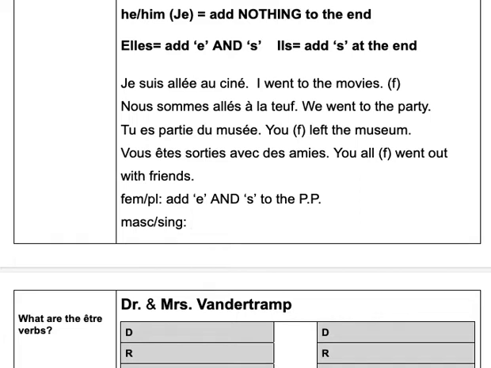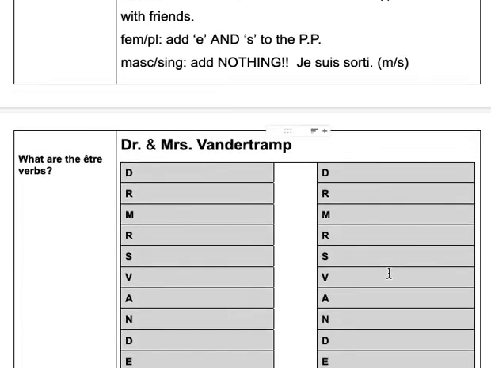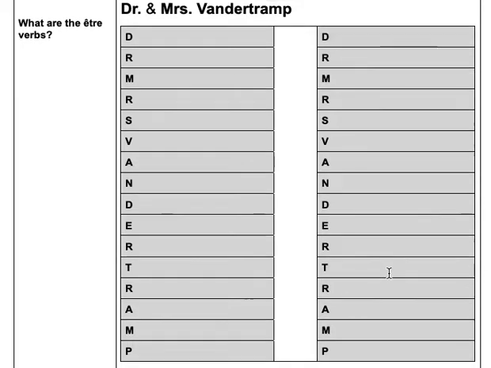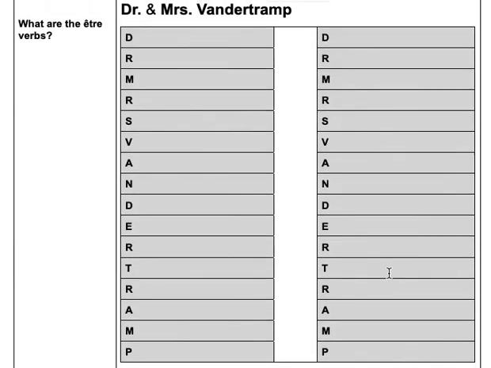If it were masculine plural, we would add an S. But masculine singular, add nothing. Okay, so je suis sorti. It has an I at the end because it's an IR verb. And it is masculine and singular. Okay? All right. Now, let's take a look at all of the verbs that have être as the passé composé.